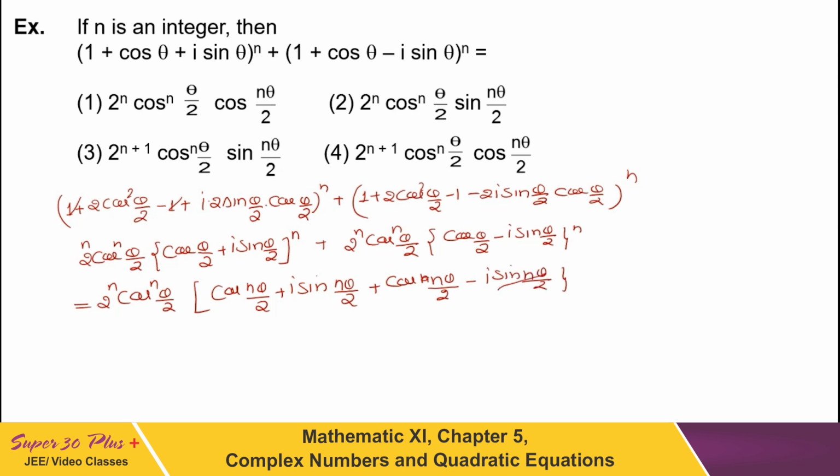Now the sine terms cancel out. It is twice, so it is 2 to power n plus 1 cos to power n theta by 2 into cos of n theta by 2. Your option fourth is the correct answer.